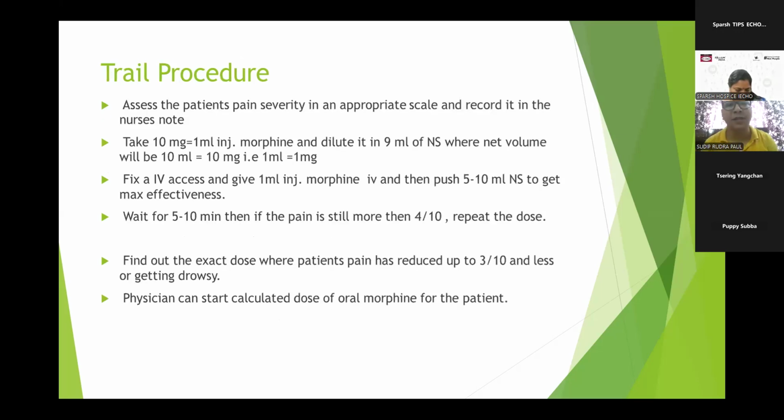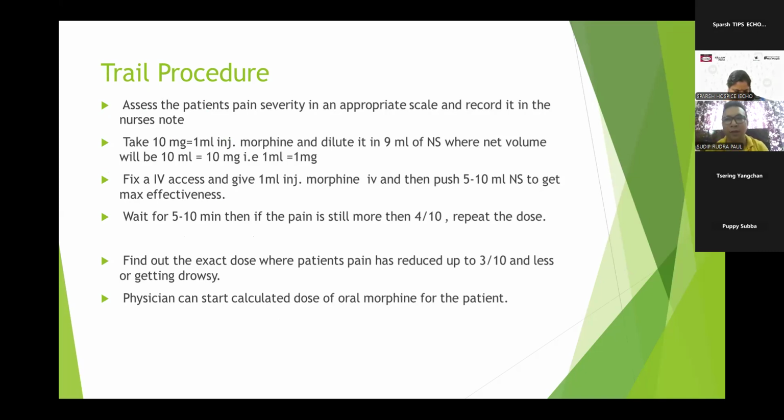How is the procedure done? Assess the patient's pain severity on an appropriate scale and record it in the nurse's notes. We need to remember that every time I assess a patient, I should use one particular scale only.